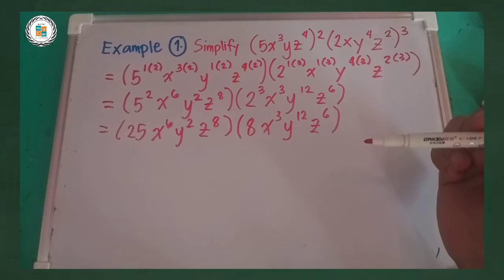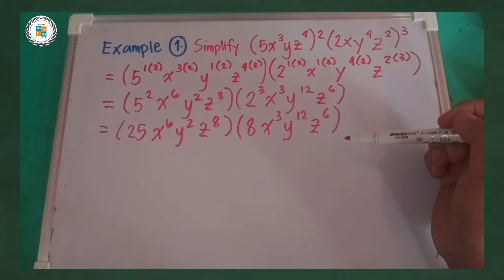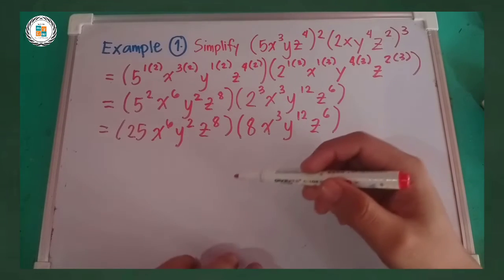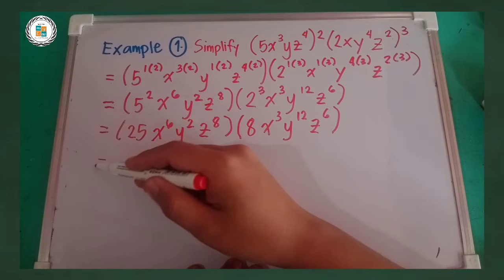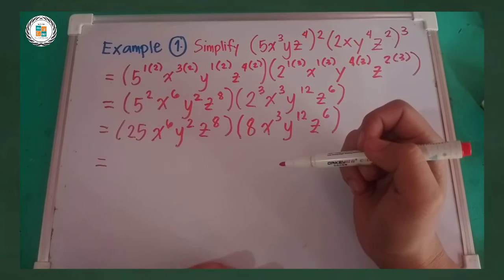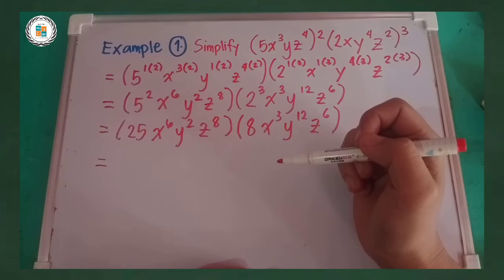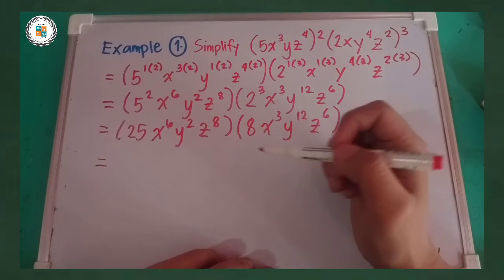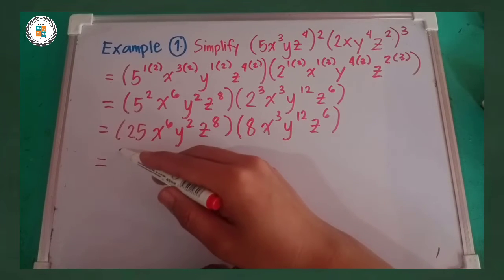Now, after this, we're not yet done. We can still simplify, and we can apply the product rule for same base. Do you still remember the product rule for same base? If we're going to multiply two expressions having the same base, what we do is copy the common base and add their exponents. Very good. So, first, copy the constants.